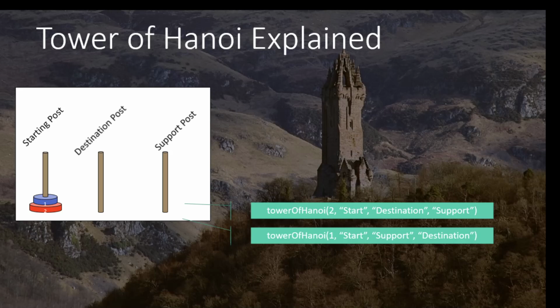So in order to get to the destination post, I have to tell 1 to go to the support post. But to tell 1 to go to the support post, I'm setting the destination to be the place I want it to be on the support post, which means if there are other disks on top of it, I need to get those out of the way first. And that's really the trick of it.